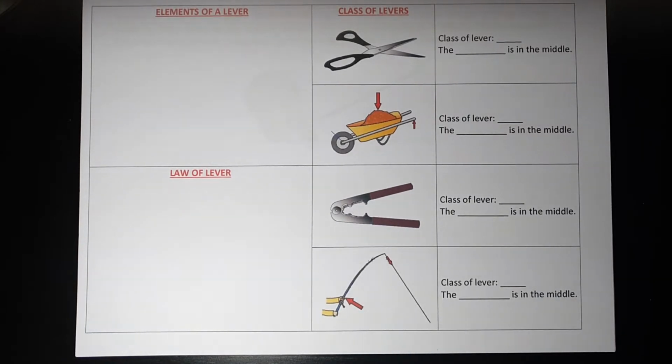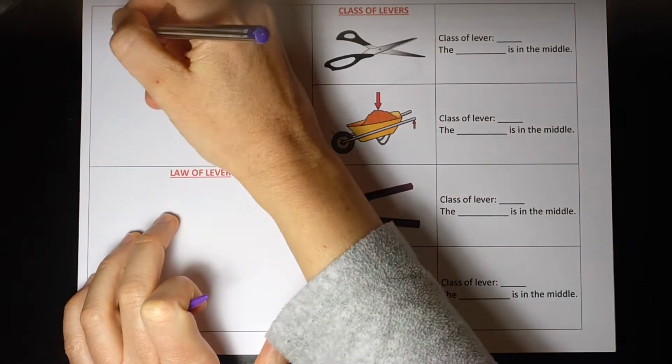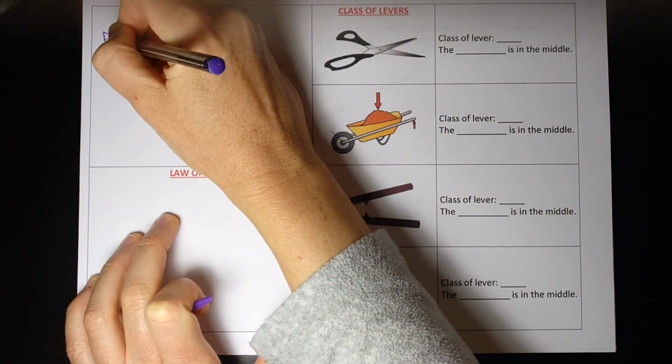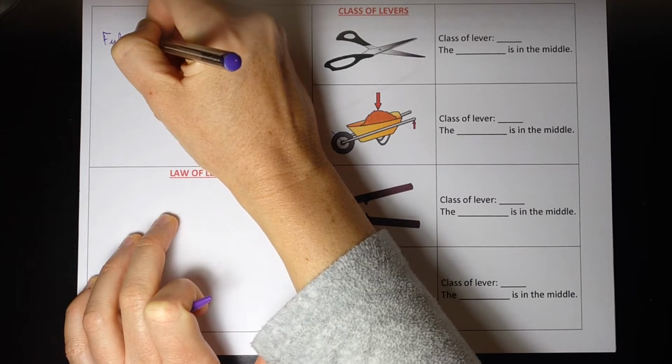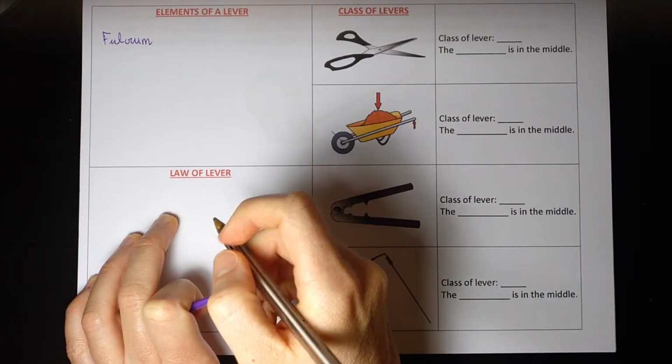So, everybody knows what a lever is. It is a simple machine that is useful for lifting things with less effort. So you already know some of the elements of a lever. They are the fulcrum, okay, that in Spanish is called punto de apoyo.